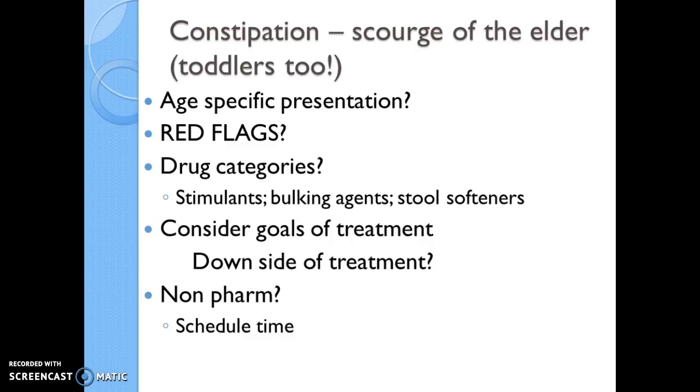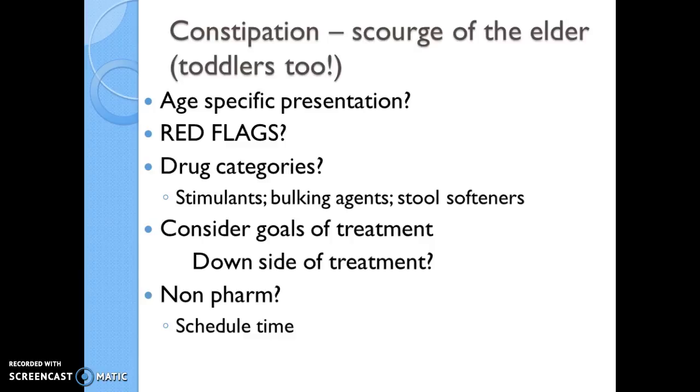It's usually gradual onset, and our elders have lower levels of physical activity, lower fiber intake often in their diet, and also lower fluid intake, whether it's because they're afraid they're going to have to pee more often, or they are simply losing their thirst sensation, which is pretty common in elders.